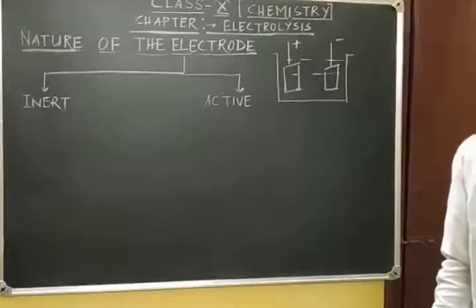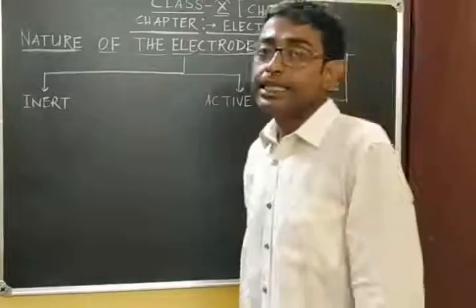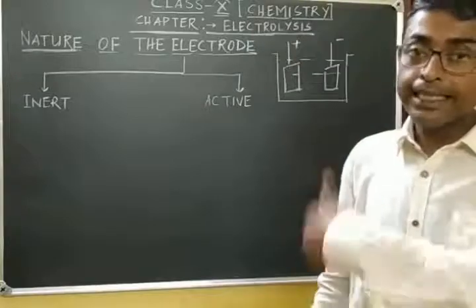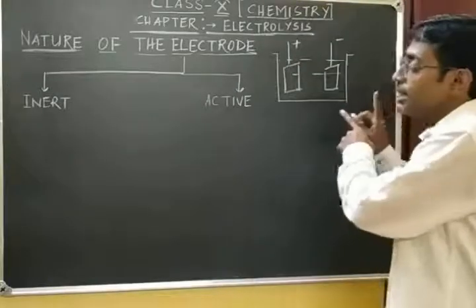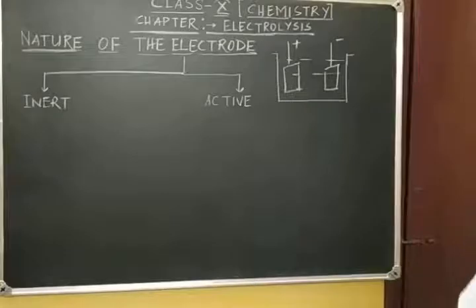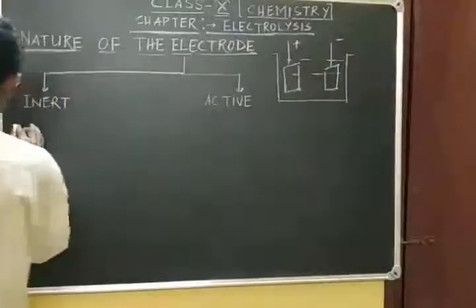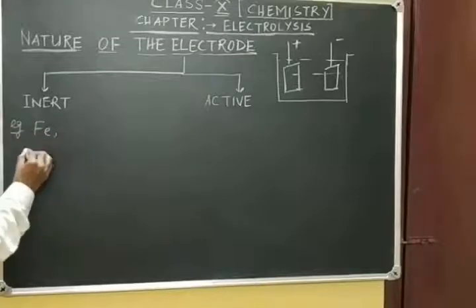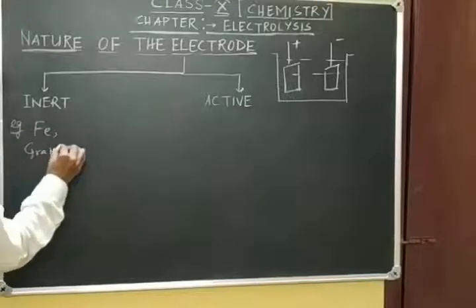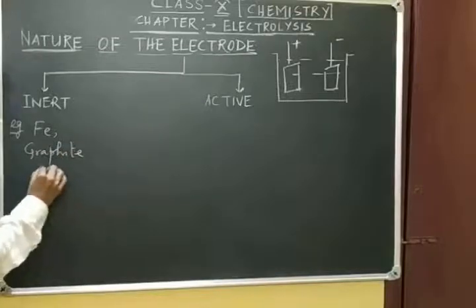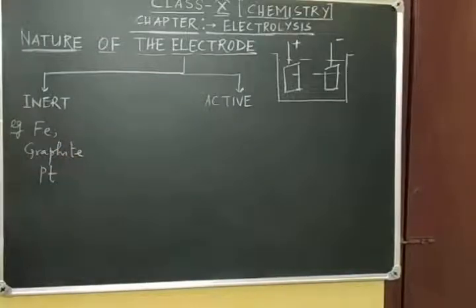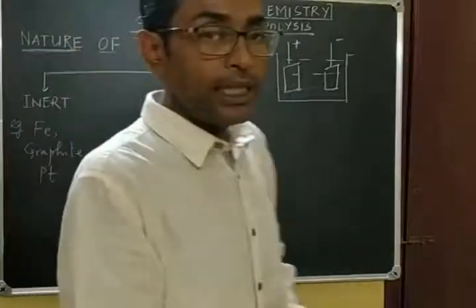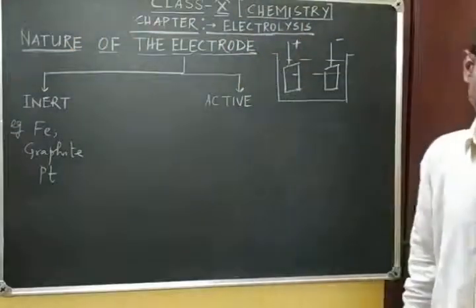Remember, an inert electrode does not participate in the electrochemical reactions taking place inside the cell. They are inert in nature, and examples of inert electrodes are graphite, platinum, etc. They are very frequently used in electrochemical cells.